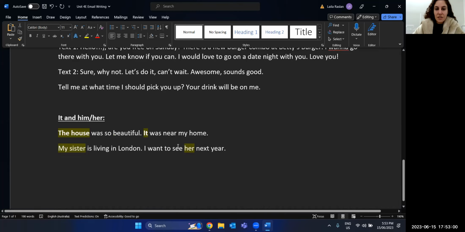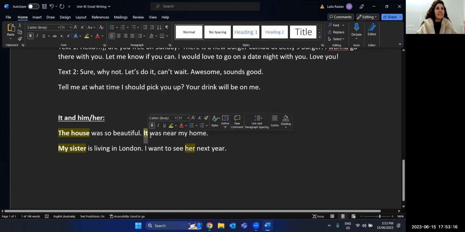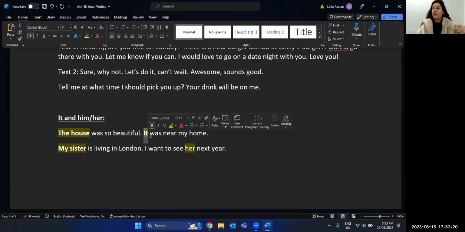So instead of saying I want to see my sister next year, I can put her, but only in the second sentence. We must say the subject in the first sentence, and then we can use these words. So remember, it is for a non-living thing. It is for a noun, the book, the laptop, the phone, the water bottle, the charger, the movie, that's an it. But her is to a female, and him is to a male.